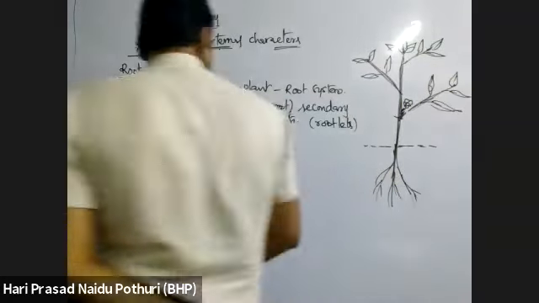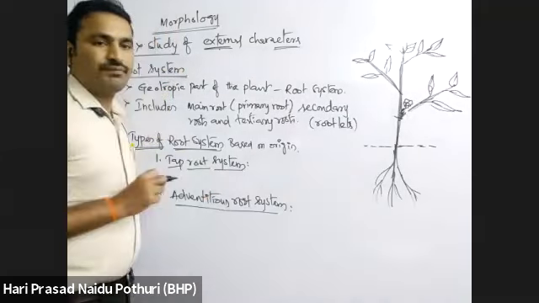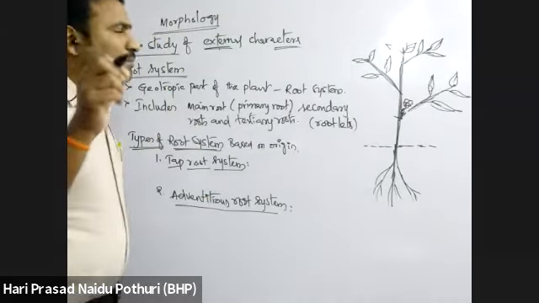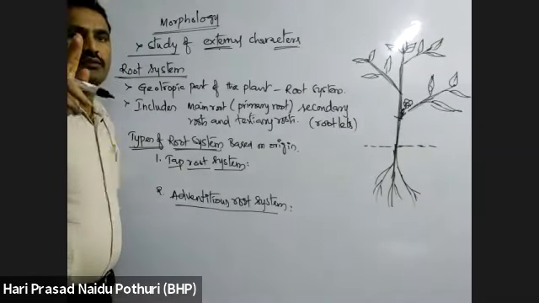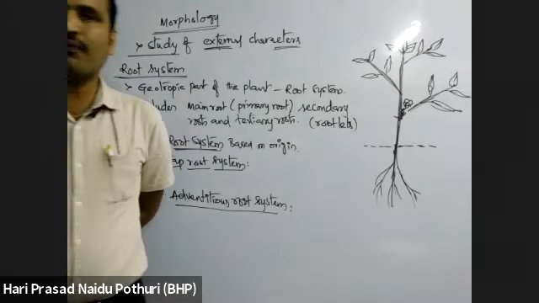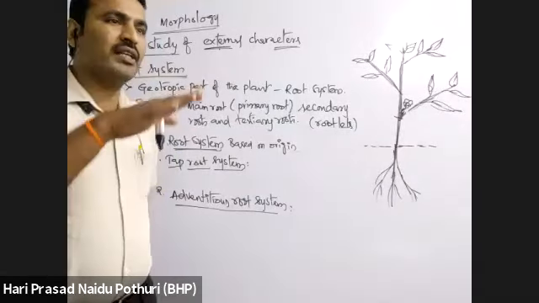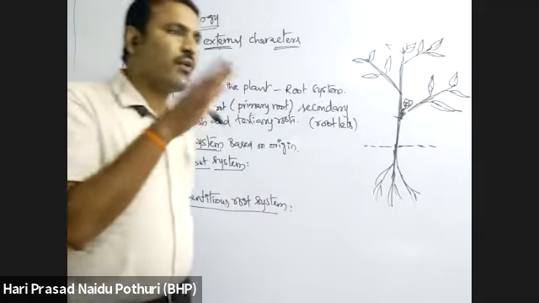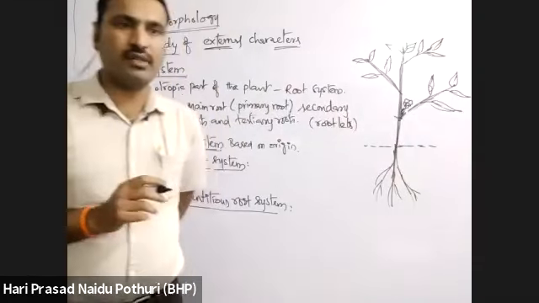What is a tap root system? If you see a seed, it majorly has two parts. Inside the seed there is an embryo, which may be divided into cotyledons or may not be divided into cotyledons. If cotyledons are formed, then it is a dicot seed.